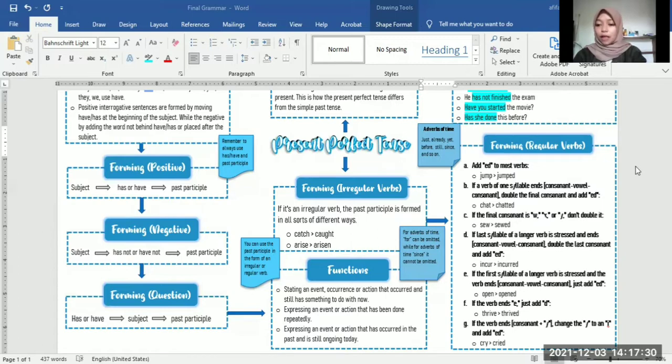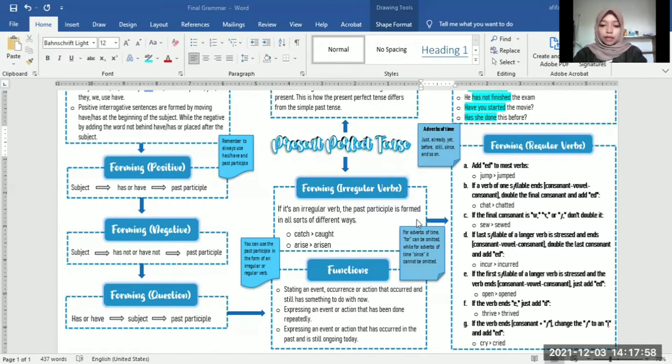For example, open to opened. F. If the verb ends E, just add D. For example, thrive to thrived. Plus, if the verb ends consonant plus Y, change the Y to an I. For example, cry to cried.